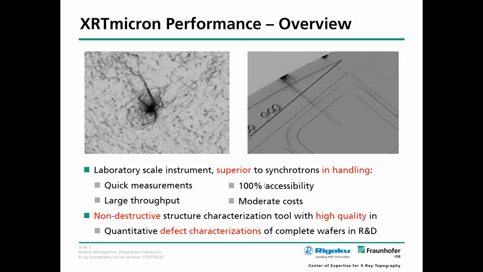In this sense, it is superior to a synchrotron in terms of handling, and this also at moderate costs. It is very important to note that we have here a non-destructive structure characterization tool with really high quality in quantitative defect characterization of complete wafers you may use in research and development.